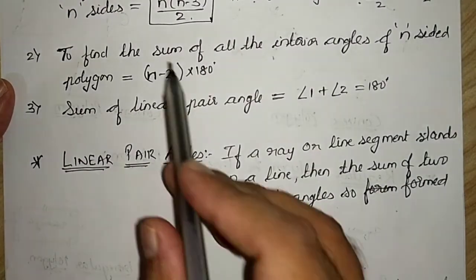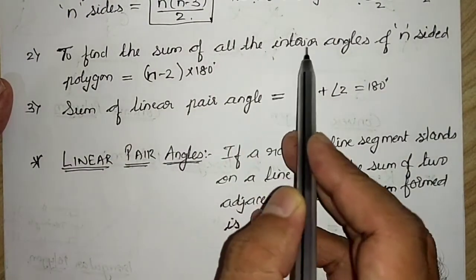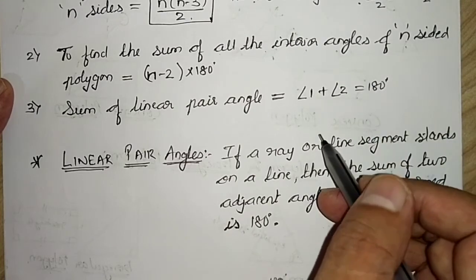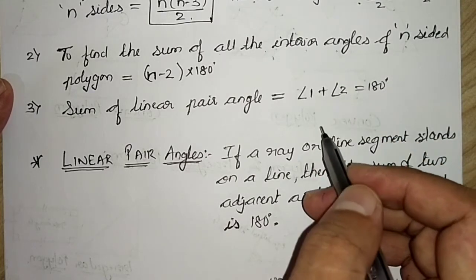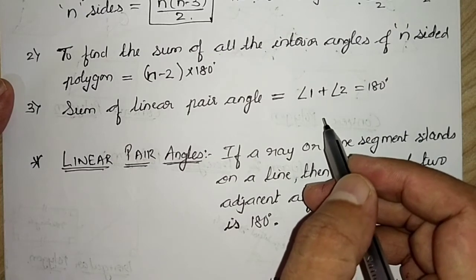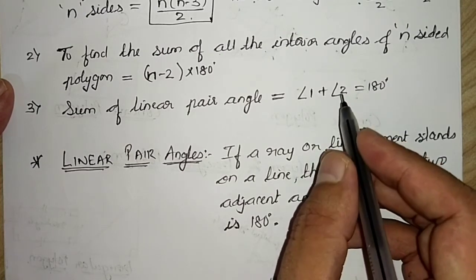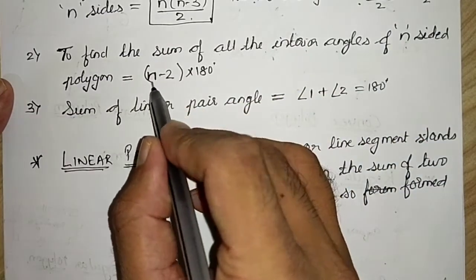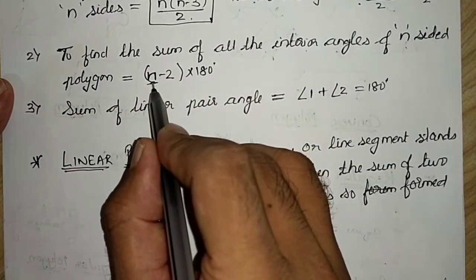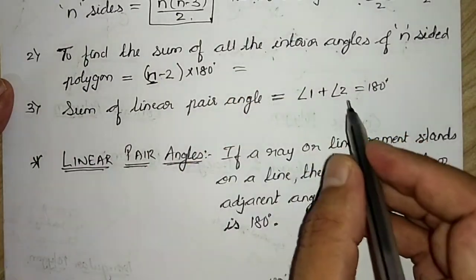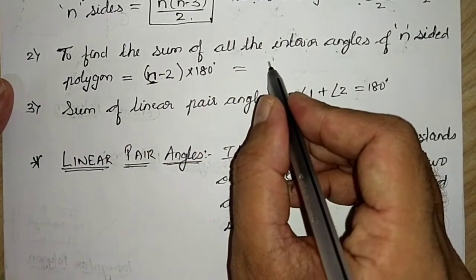Second formula is to find the sum of all the interior angles of n sides. You know about the quadrilateral. What if it is pentagon? What if it is heptagon? What if it is octagon? You can simply write the number of sides minus 2 into 180 degree. Let me take the number of sides as 5.